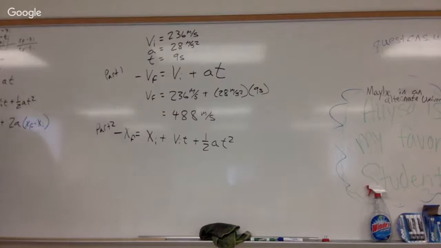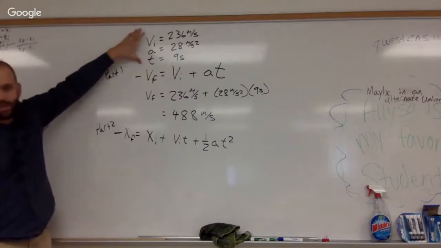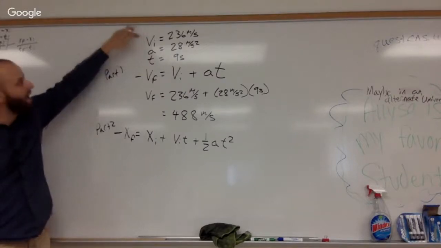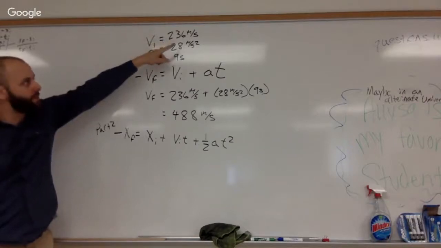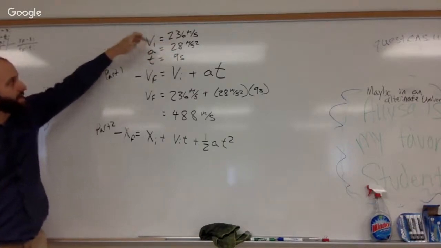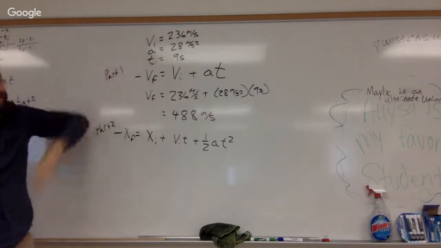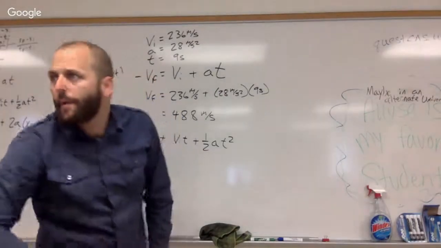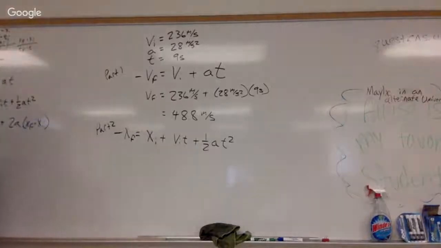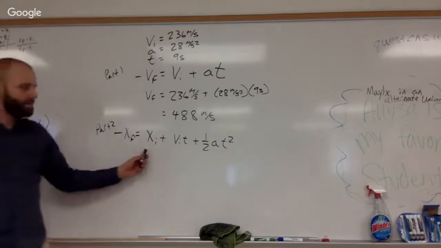Okay? You're using the same information from up here. At the top, VI is 236 meters per second, acceleration is 28 meters per second squared, and time is 9. Initial. Yes, and this is something I want to point out to you. It's fantastic.